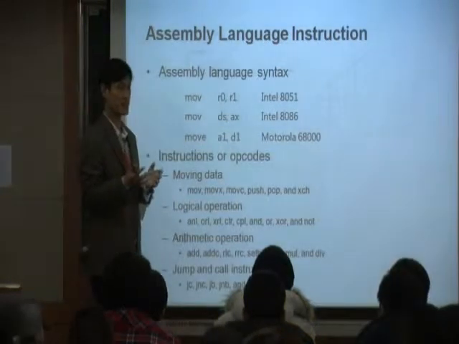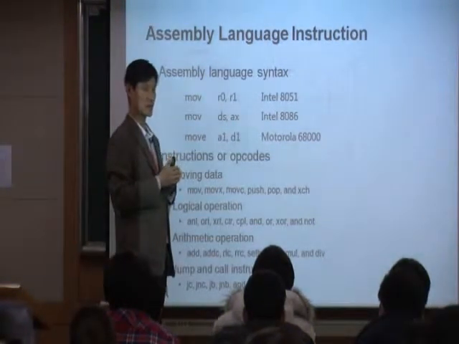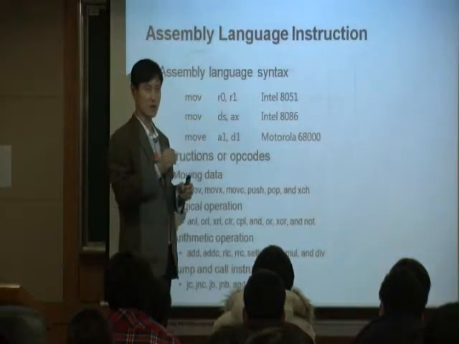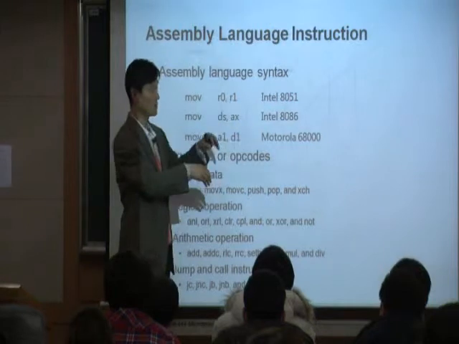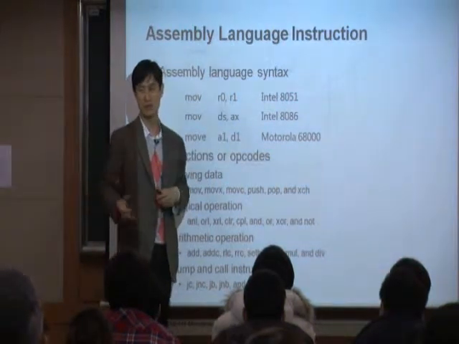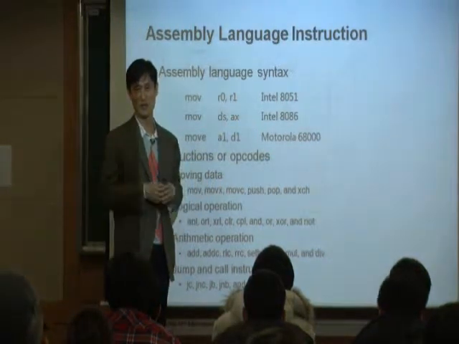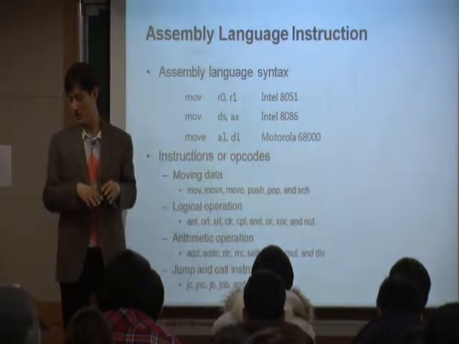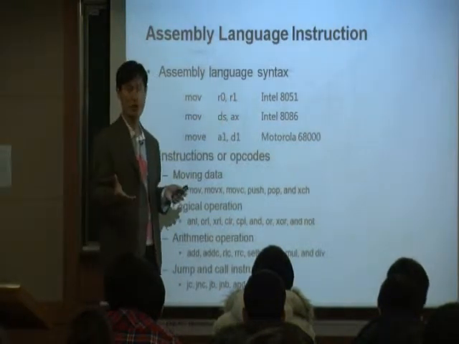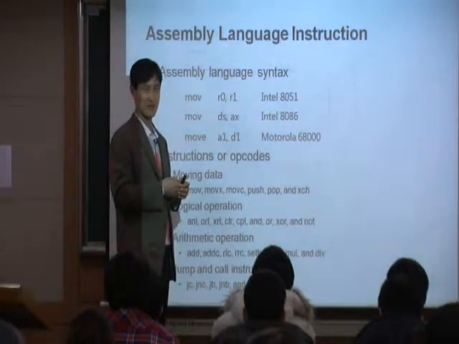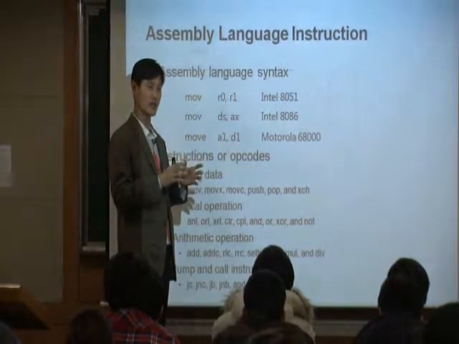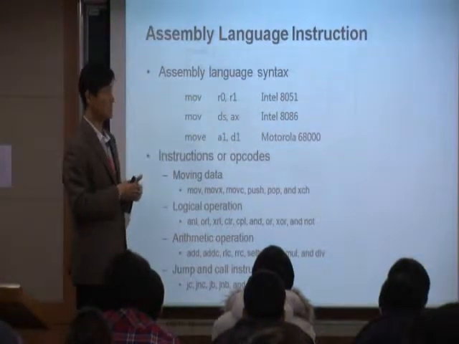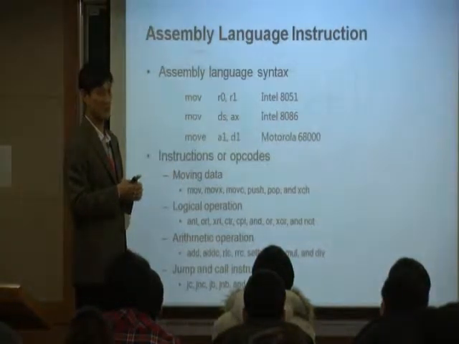You know, C language is not processor dependent, right? You write the C program, you can compile it for an Intel processor, you can compile it for an Apple processor, whatever processor you have, right? Apple is not a processor, by the way. You can run any program on any computer, right? C language is good that way. However, assembly language is dependent on the system.